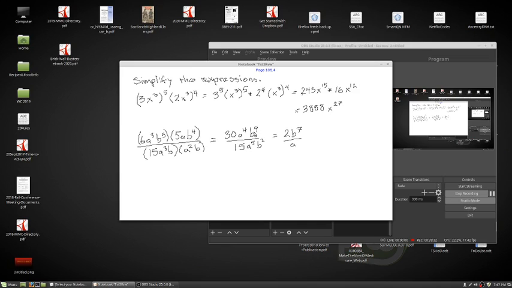And then b to the 9th divided by b squared, you subtract. 9 minus 2 is 7, so we end up with a b to the 7th. So this is 2 times b to the 7th divided by a.